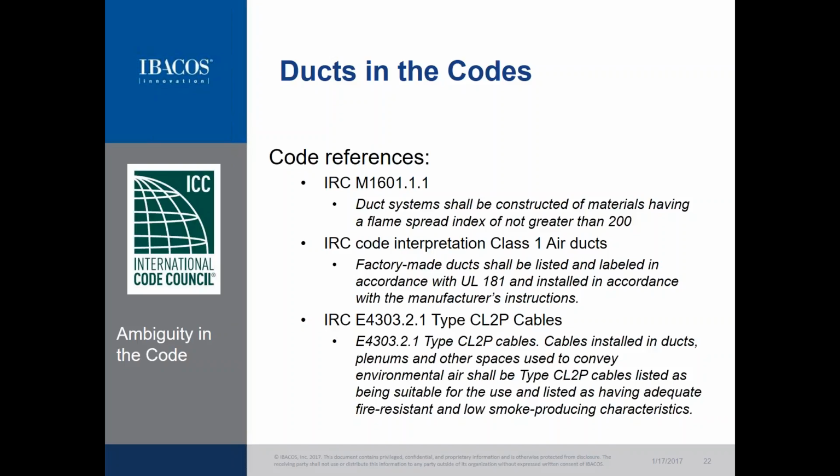If you look into another section of the IRC, the electrical section of the code, there is a section related to situations when cables are run through ductwork, and the requirements around the type of cables used, if they're sheathed in plastic, make reference to completely different testing requirements that don't correlate directly to the UL 181 standard. So here we have three different references to plastic materials related to ductwork, and that creates a little bit of uncertainty and ambiguity around what that means.